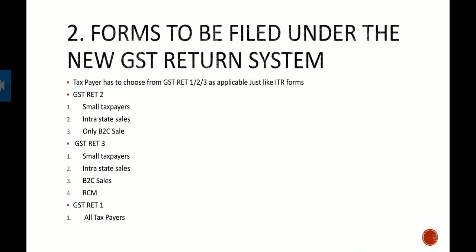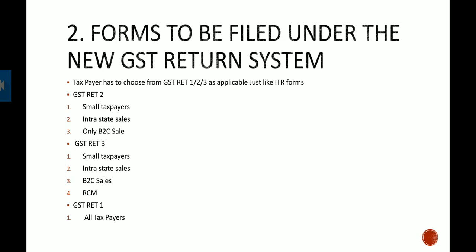If, along with B2C sales, he has RCM inward supplies, that is, he made RCM purchases, then he should choose GST RET 3. And the main return is GST RET 1, which is applicable to all taxpayers. Here the taxpayer has the option to choose one return among these three.